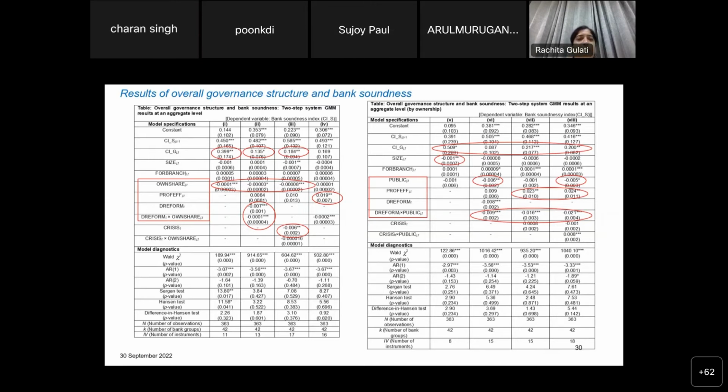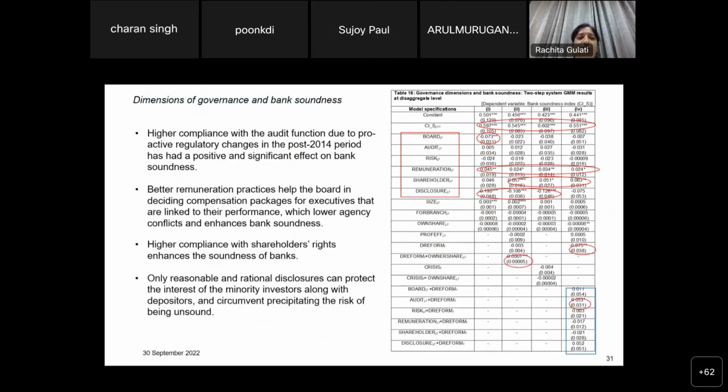Looking into the impact of the distinct dimensions of governance on soundness, we note that higher compliance with the audit function, especially after the period of 2014, has shown a significant impact on soundness. Better remuneration practices help the board in deciding compensation packages linked with performance, lowering agency conflicts and improving soundness practices.